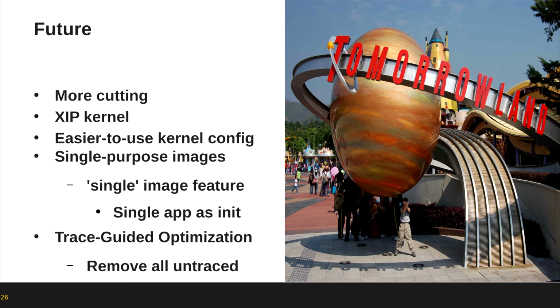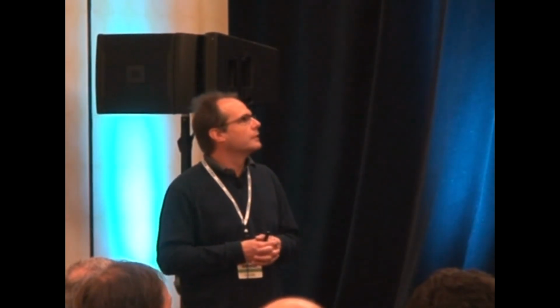Execute-in-place kernel essentially means a kernel that can be executed in place in the flash where it sits, instead of being brought into RAM and taking up all that RAM. Obviously if we can do that, then we don't have to worry about all the penny pinching we've been doing to reduce static memory. The question there though is what performance is going to be like? We should know that pretty soon.